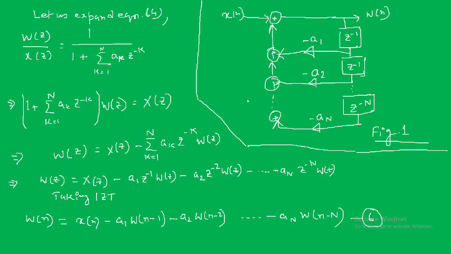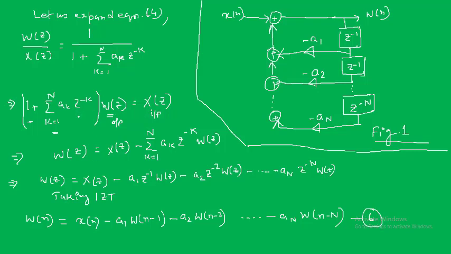So this is what we have in equation 4. Cross multiplying, we get x of z equal to 1 plus summation k equal to 1 to n a k z to the power minus k, times w of z. So w of z I am considering as the output in this equation, and x of z is as usual the input.